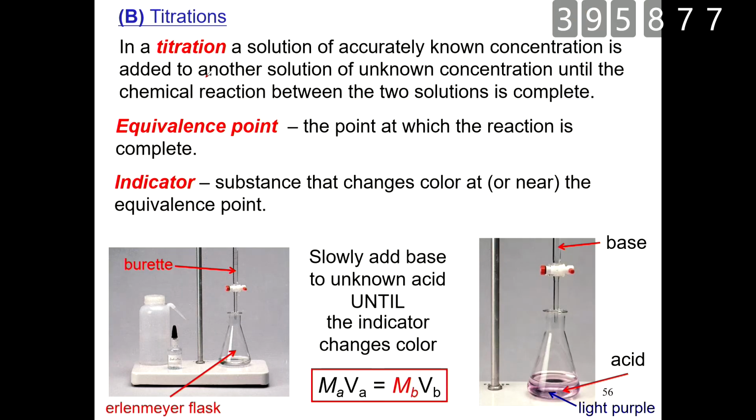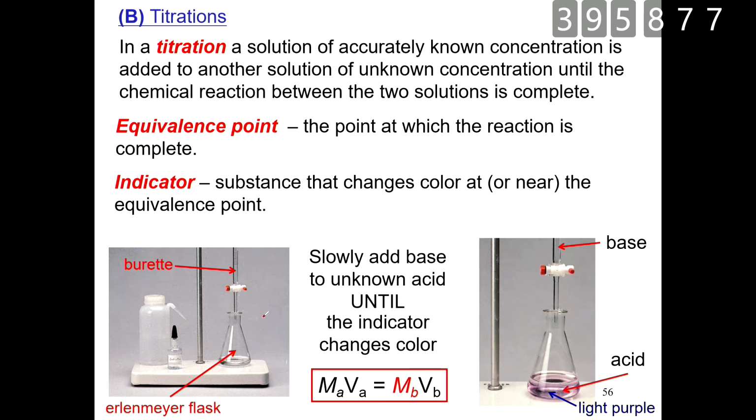Titrations. Titrations means we can use one known solution to titrate the unknown solution. When the reaction is complete, the concentration relationship is MA times VA equals MB times VB.